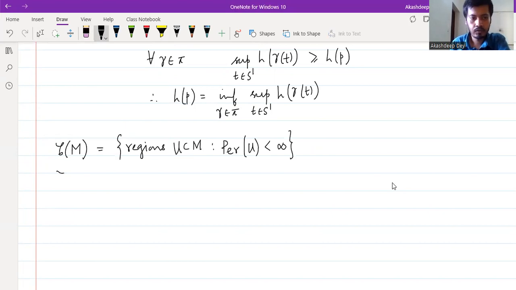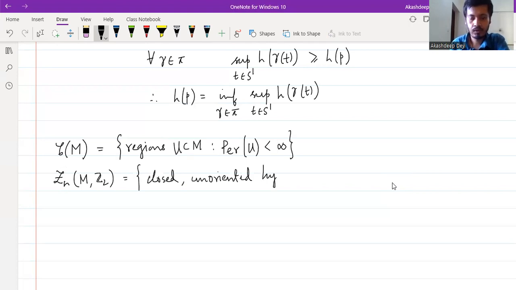And Z_n(M; Z mod 2). So these are called the space of n-dimensional flat cycles in M with Z mod 2 coefficients, but this can be thought of roughly as the space of closed unoriented hypersurfaces sigma which bound a region. So sigma is the boundary of U, where U is a Caccioppoli set. So U is in Cm.